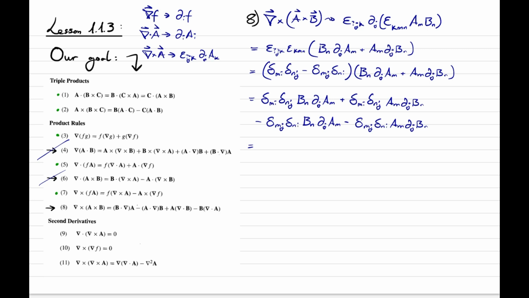Okay. So now we are going to contract all the Kronecker deltas. So we have in the first one nj and here an n, so we are going to place the j in the b, and mi with the am, so we are going to replace the m by the i, and we are going to do this in every term.